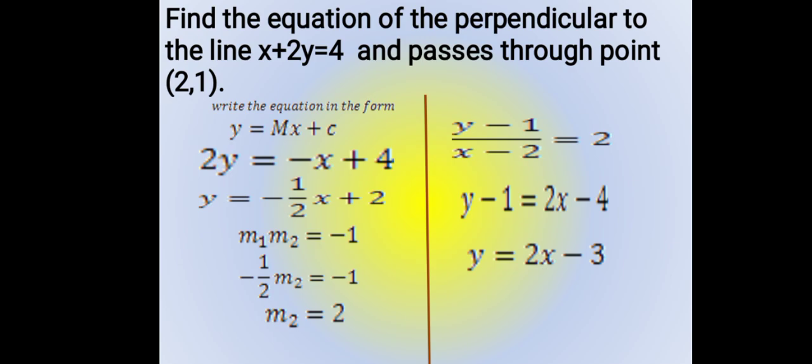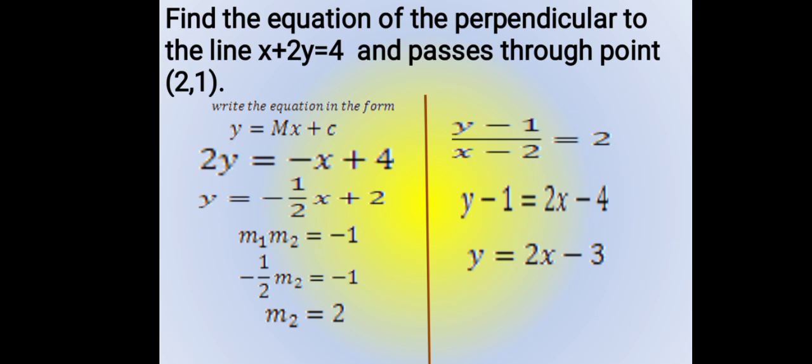Now, to find the gradient of the other line, we multiply negative half with the assumed gradient, we should get negative 1. And then when we solve, we find that the gradient for the other line is 2. Now we have a point where the line passes.